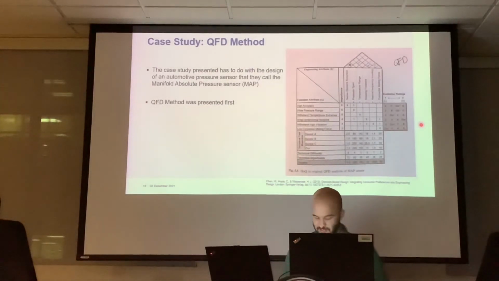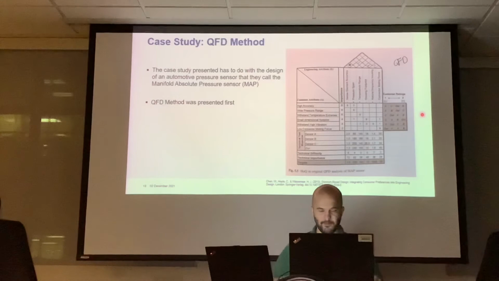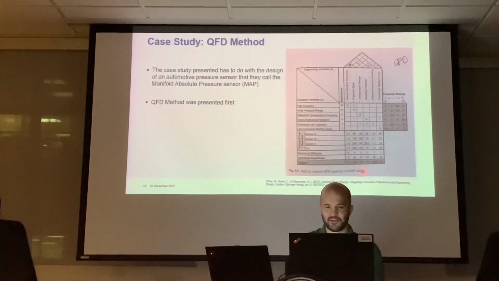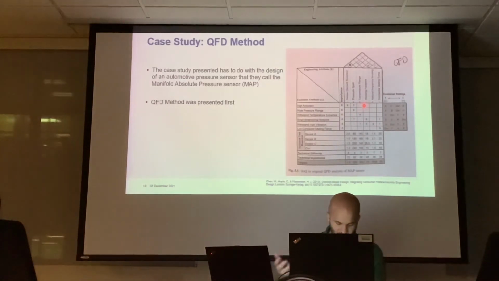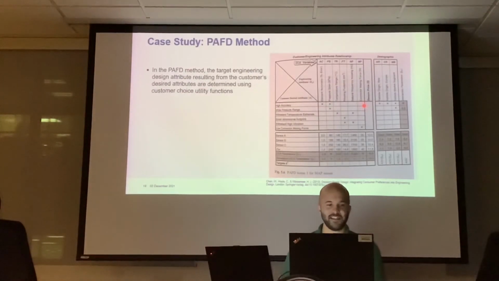It was decided not to improve the target for housing ferment, since, as you can see here, our sensor is the market leader. So that's the QFD method. From those targets, you can then proceed to go on to further engineering design concept analysis. So next, the PAFD method.